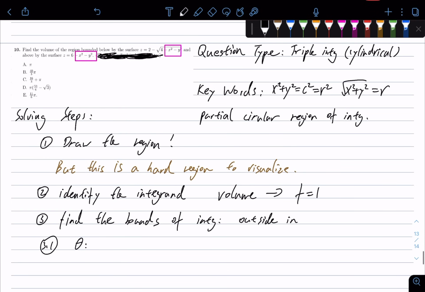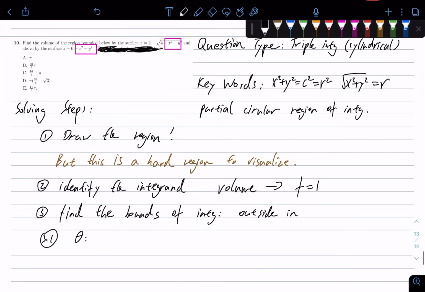I don't see any information inside the problem telling me that my angle of revolution around the z-axis is bounded. And so in this case, our theta bounds are just going to be 0 to 2 pi.